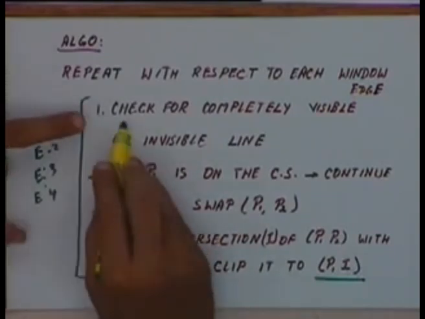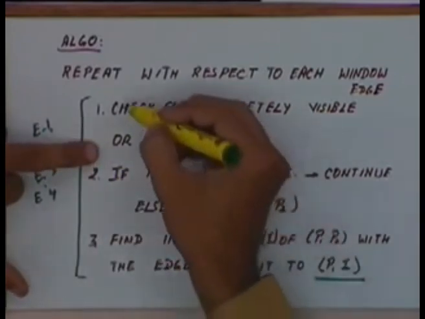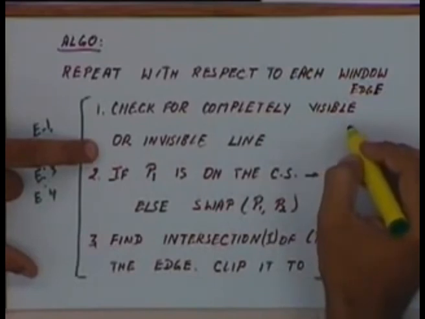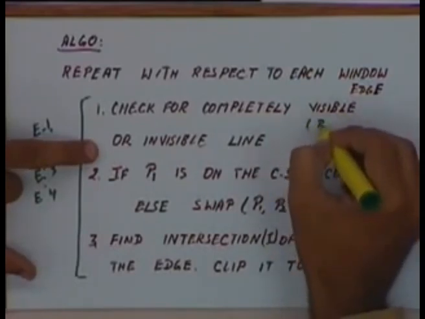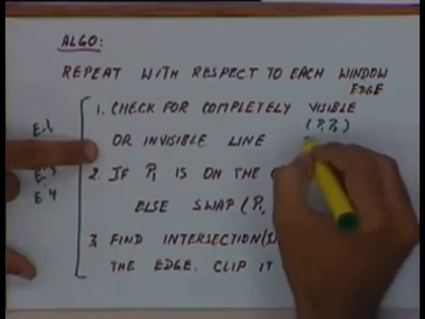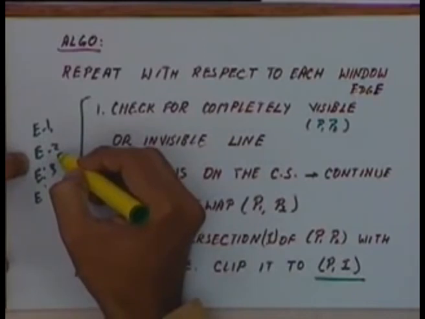The first step is to check for a completely visible or invisible line. If you expand this step out, if the line is completely visible, then the clipped line itself is P1 P2, and this clipped line P1 P2 will be passed on to the next edge for further clipping.